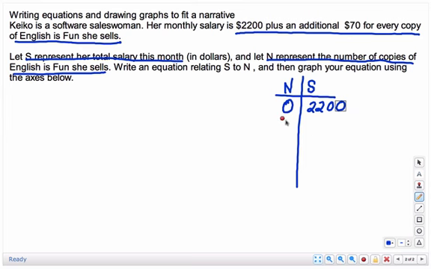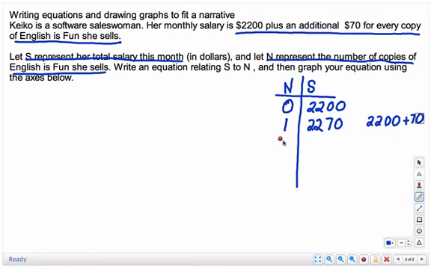Now what happens if she sells 1 copy? Well, most of you will say that her salary then would be $2,270, right? So think about what you did to get that. You just took the $2,200, her base salary, and added $70 to that.